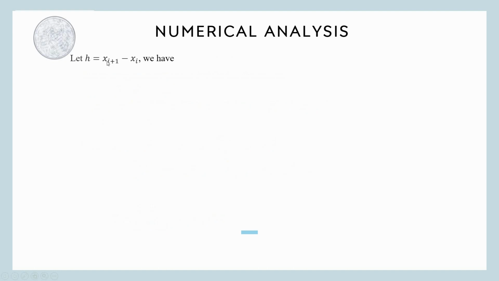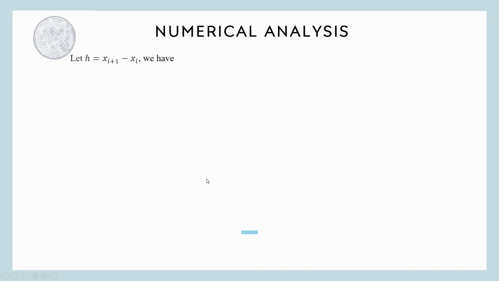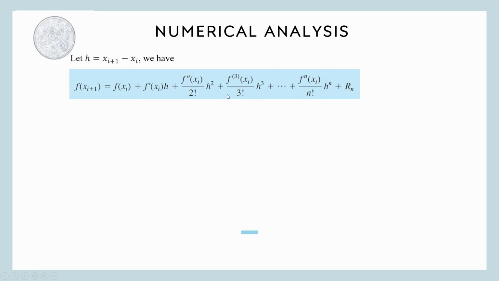Now, if we let h equal x_{i+1} subtract x_i and substitute into the above Taylor expression, then we can get this. Basically we just replace x_{i+1} subtract x_i by h, and R_n equals this. So that is our Taylor series expansion.